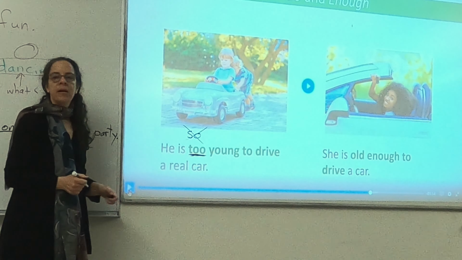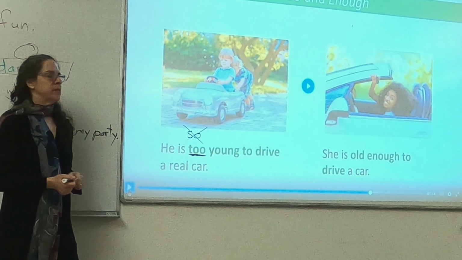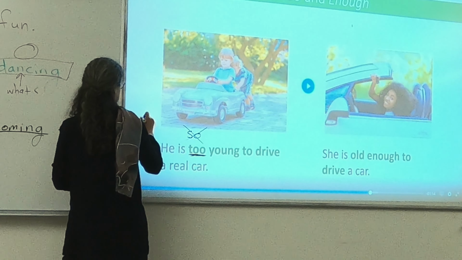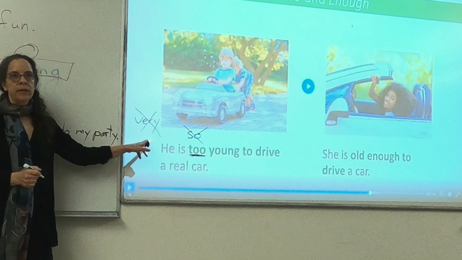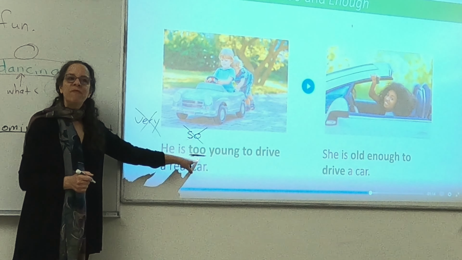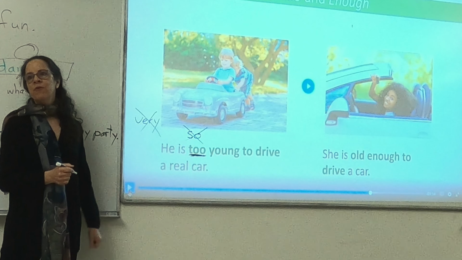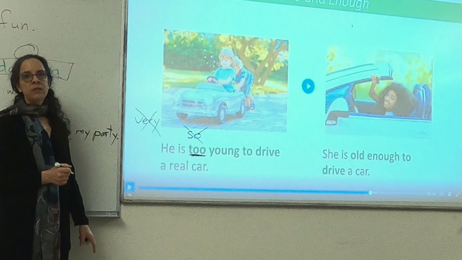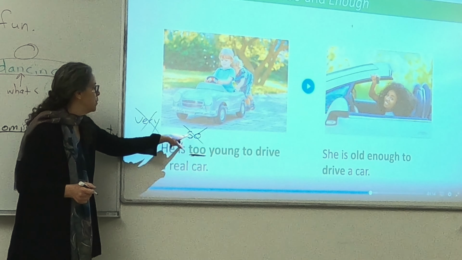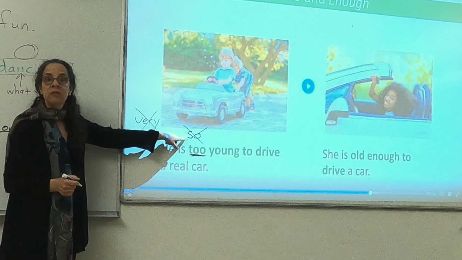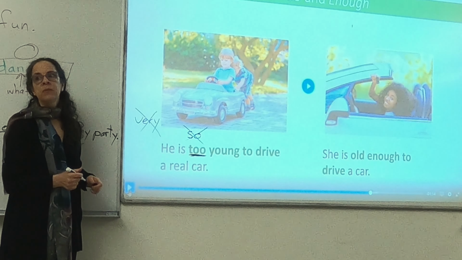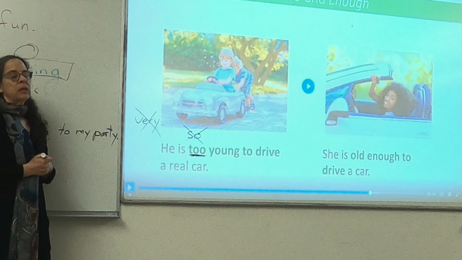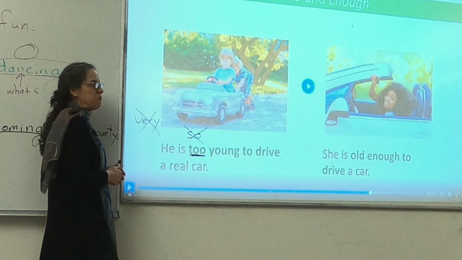It's not the same as so. It doesn't mean the same thing as very. Too is different from so, and it's different from very. Lots of students use too when they should use so. Too means it's a problem. It has a negative feeling to it.